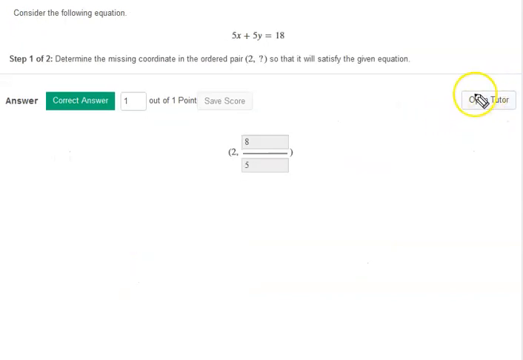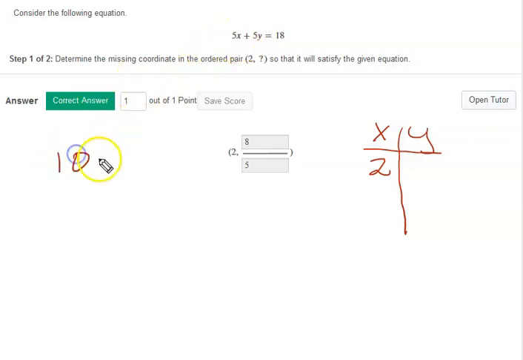Now, for something like this, they're asking us to find a missing coordinate. So a T-chart might be useful, to help organize your data. We have the x-coordinate is 2, so what would the y-coordinate be? Well, if our x is 2, this is going to be 2 times 5 is 10, plus 5y equals 18, just substituting.